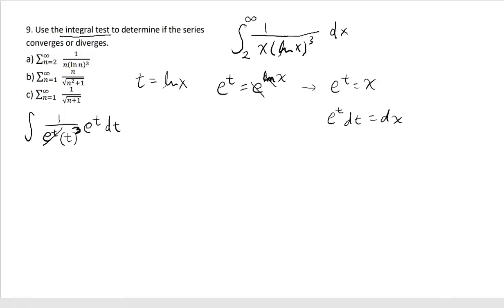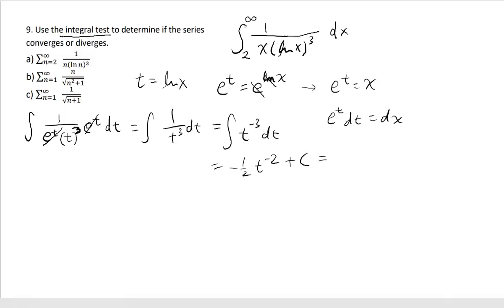Now you have e^t canceling each other, and you just have the integral of 1 over t^3, which is the integral of t^(-3) dt, and that means you can use the power rule, which says you add 1, put the reciprocal, and the reciprocal of -2 is -1 over 2, plus c.